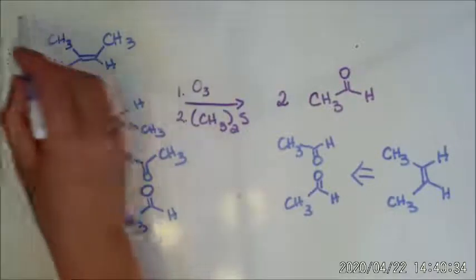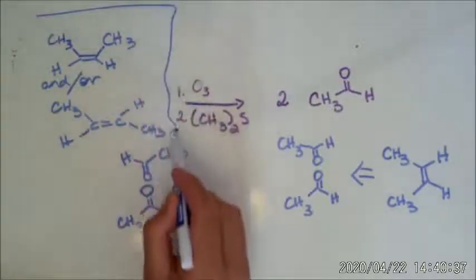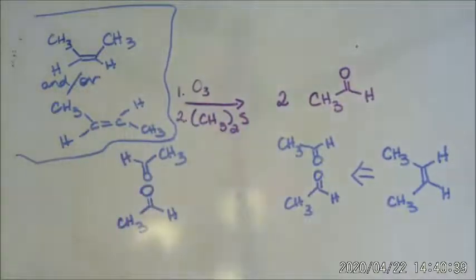Okay, so by knowing what our products are, we can determine what our initial reactant is by using ozonolysis as a tool for structure determination, or using potassium permanganate. Now we're going to move on to start looking at polymers.